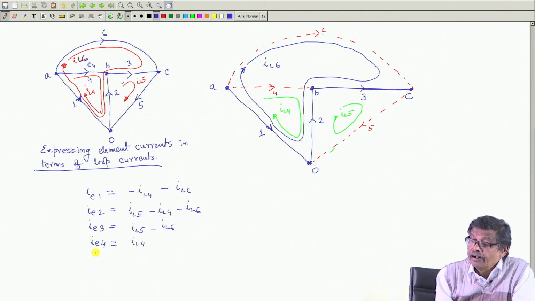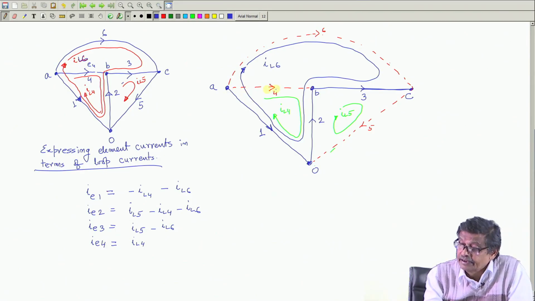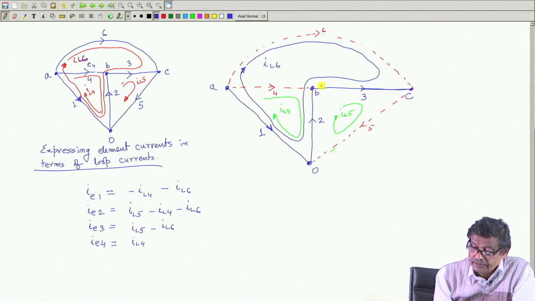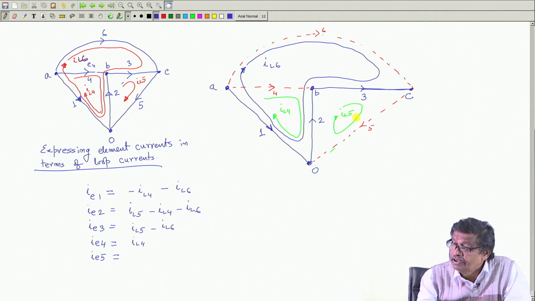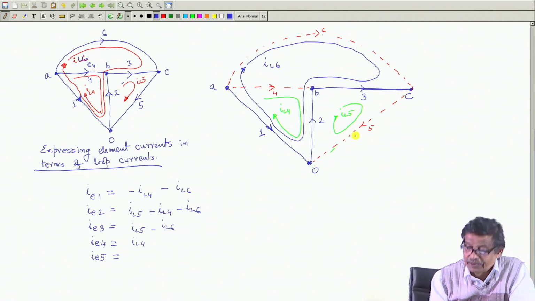Then, got the point, this current is only IL4. Then IE5 will be equal to, that is the current in the element 5, only IL5 is involved, no other loop currents are going this way.